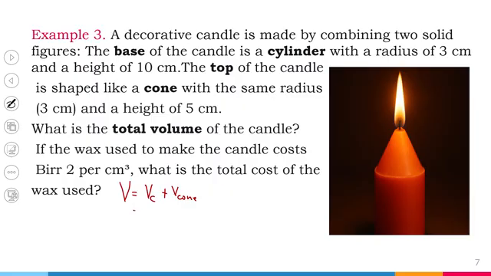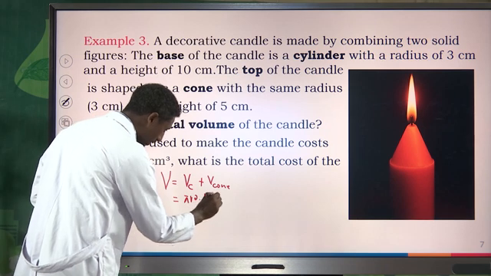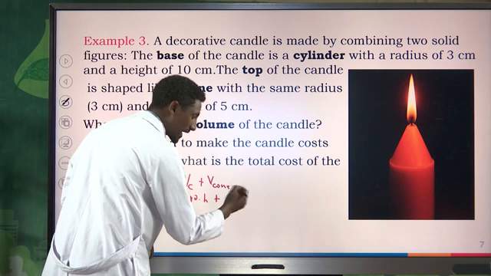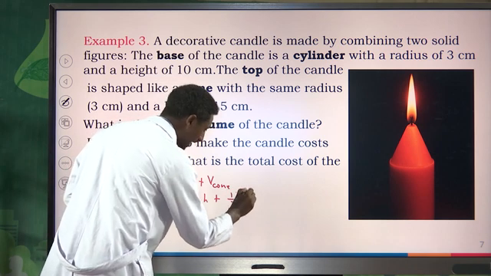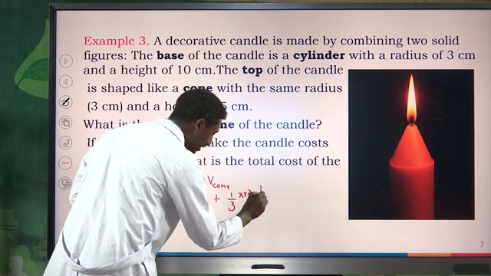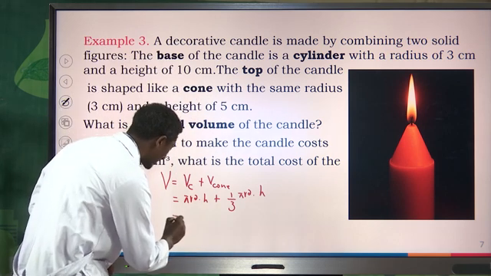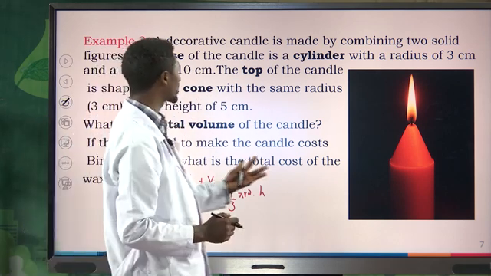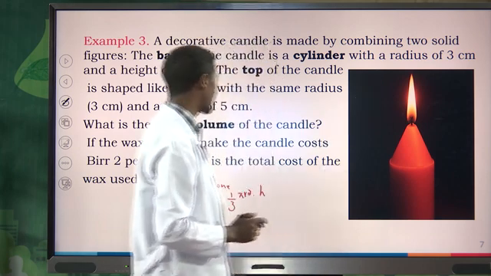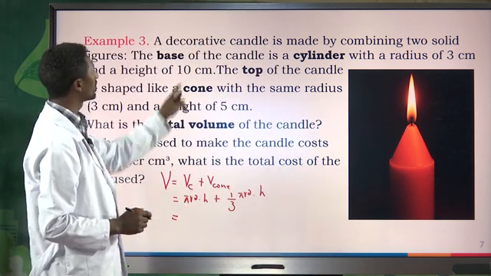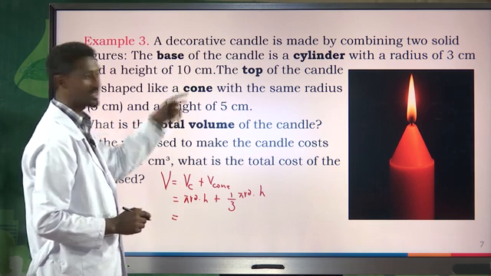So the volume of a cylinder is pi r square times h, plus the volume of a cone, which is 1 over 3 area of base, that's pi r square, times the height h. Now, what is the radius of the base of this candle? The radius is 3 centimeter. So 3 square is 9 times the height, that's 10.